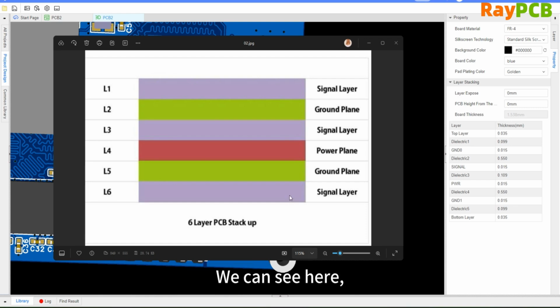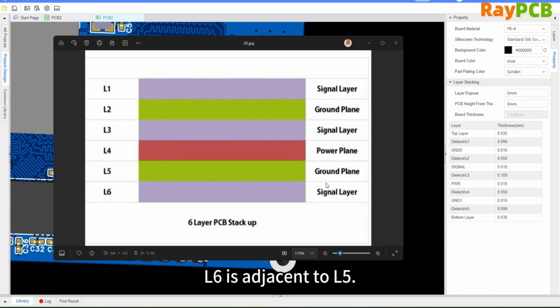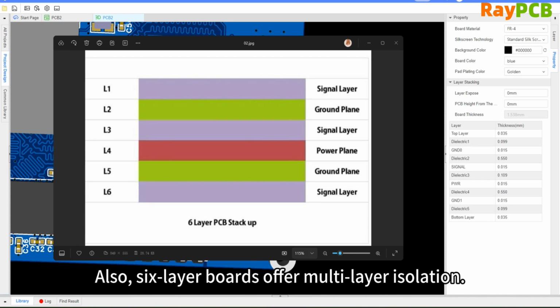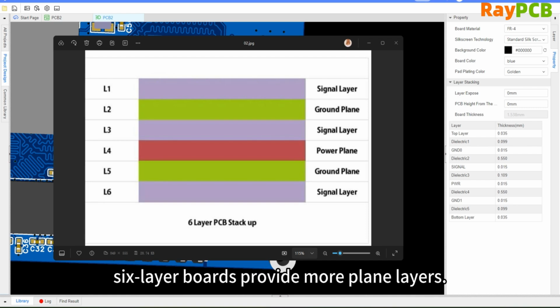So as we can see, layer 1 is close to L2, L3 is close to L4, and L3 is sandwiched between L2 and L4. L6 is close to L5. Each signal layer has a dedicated reference plane as its ground plane. Next, there are multiple layers of isolation. Compared to a 4-layer board, a 6-layer board provides more plane layers.